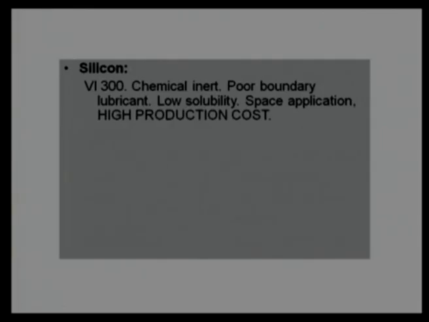Keep in mind, silicon oils always require good design and good understanding of the system. If we do not have a very good design and assume that lubricating oil is going to deal with all the situations, that will not work, particularly with silicon oils.